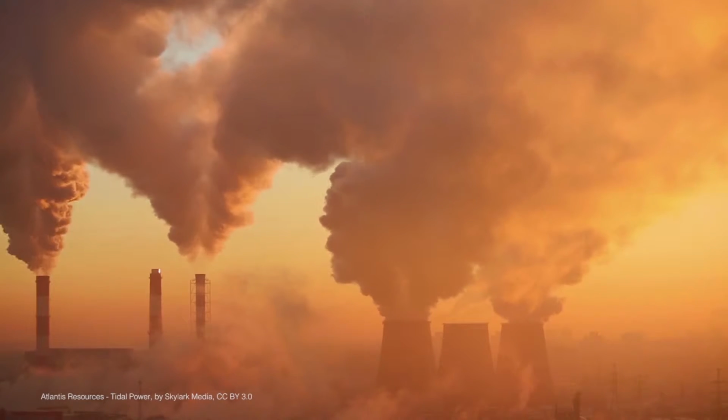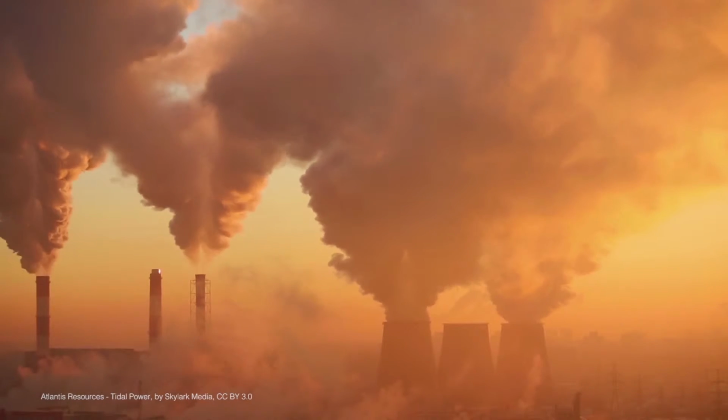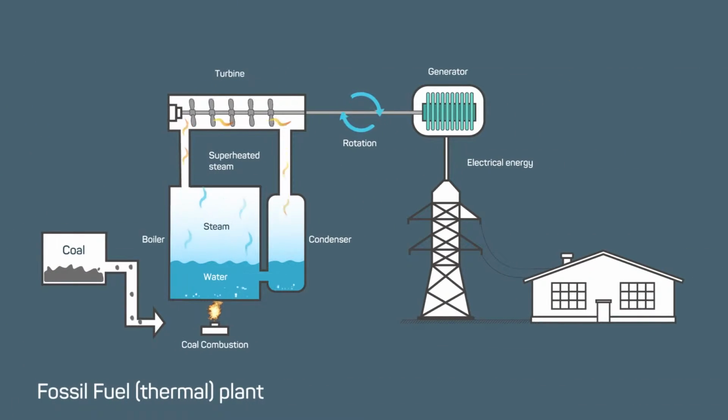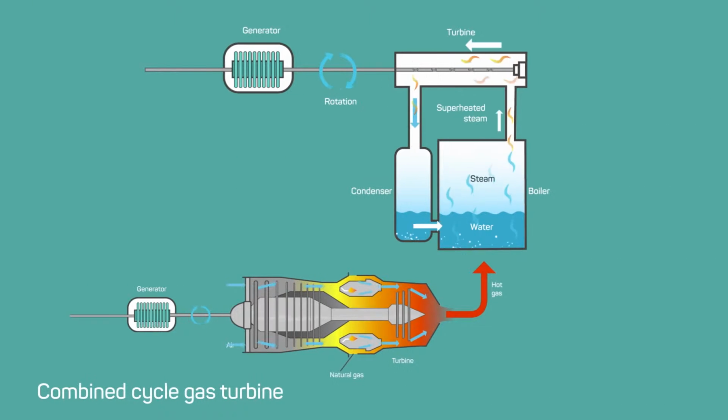In most of the world, fossil fuels, coal, gas and oil, still dominate electricity systems. Fossil fuel power plants burn the fuel to produce heat, which is used to turn water to steam to drive turbines, thereby generating electricity. It can actually be more complicated than this, for example with combined cycle gas turbines that use both the compressed, combusted gas as well as steam to drive turbines.